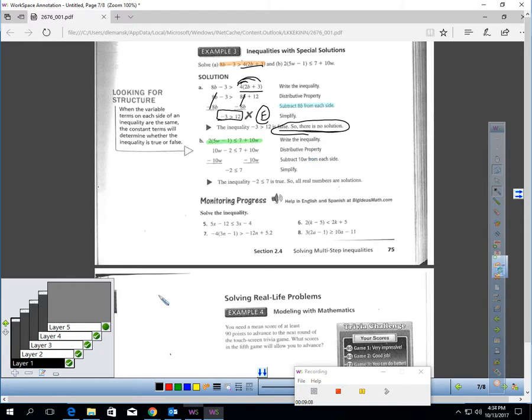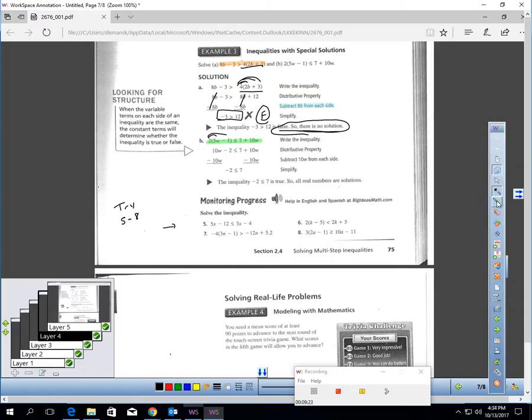Let's look at the next example. Write the problem down. We have to simplify first, so we are distributing to start. That's where we're getting 10w minus 2 is less than 7 plus 10w. Do you notice the very next thing they do? They immediately take away 10w from each side, which will get all the variables, and oh, wait a minute, all the variables disappeared.